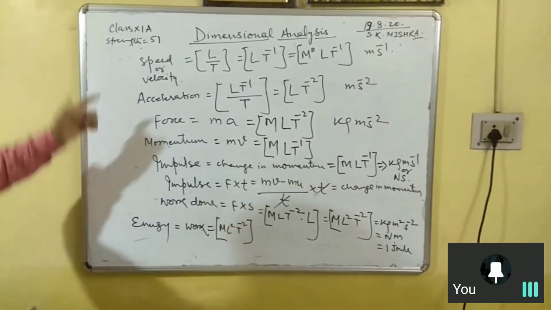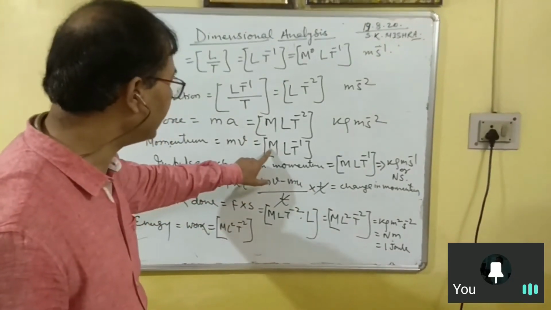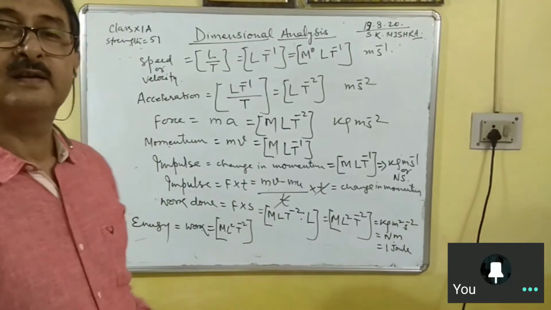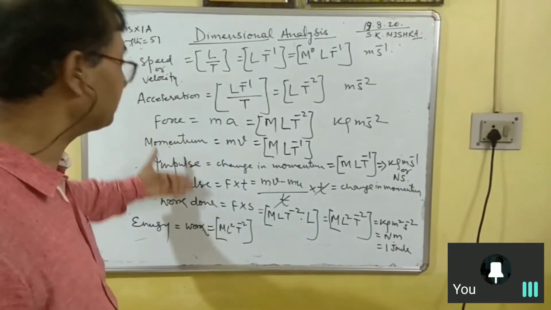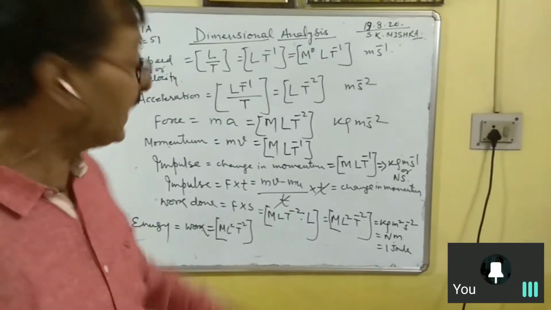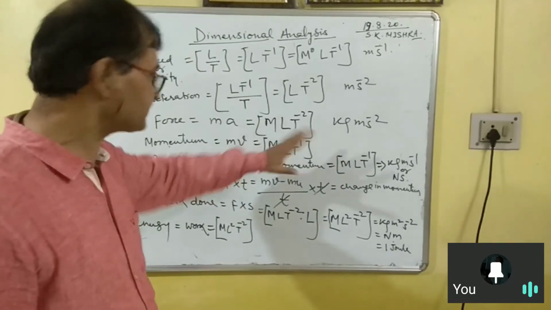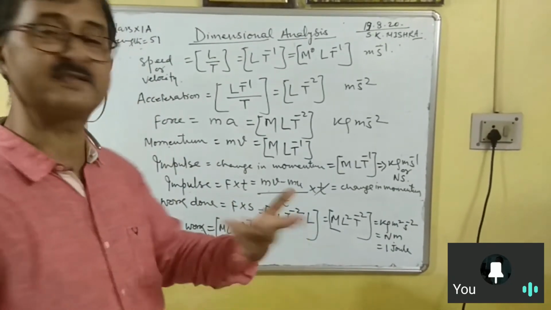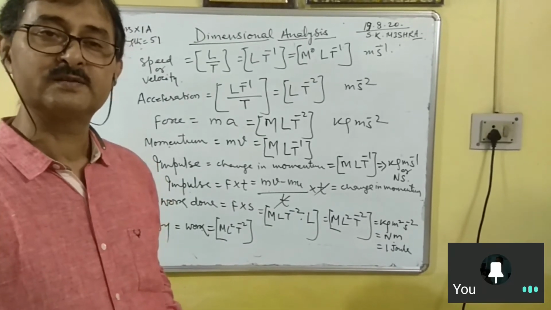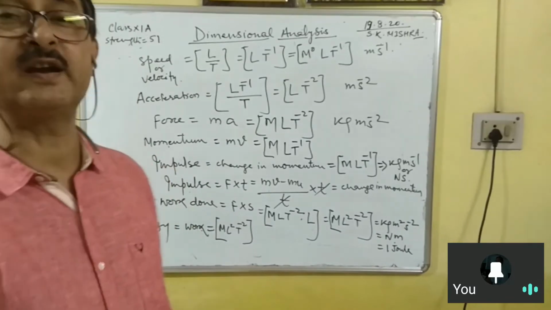What you are observing is that simply by changing the powers of M L T, different derived physical quantities can be represented. With only these three, M L T, you simply change the powers and the physical quantity itself changes. So by changing the powers, you can represent any physical quantity.